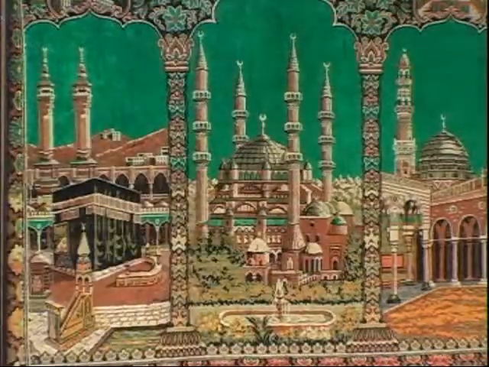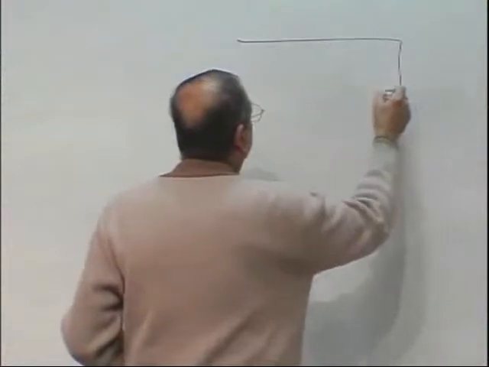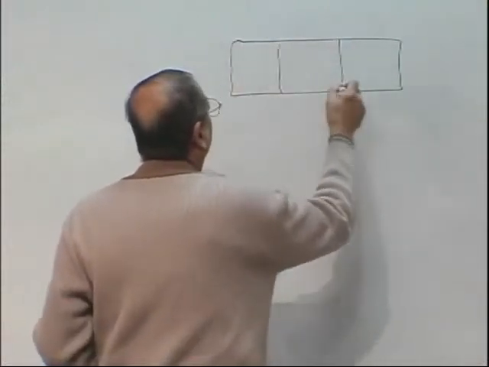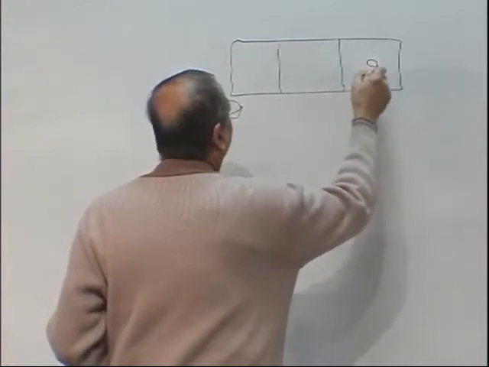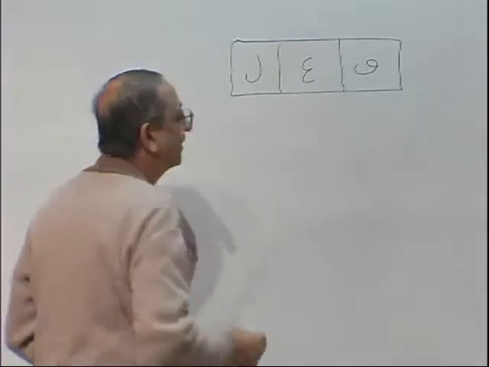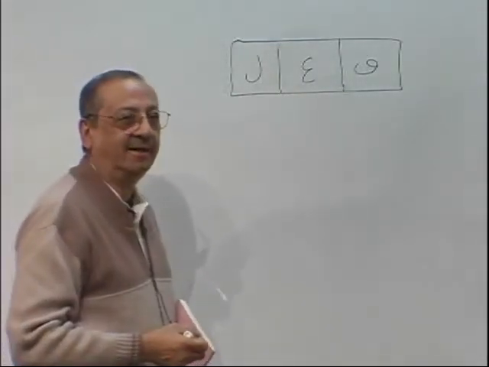Now this lesson is, as I said, very easy, brothers and sisters. All we are doing is, there are 3 letters, Fa, Ain, Lam, and these are the root letters, Fa'ala.